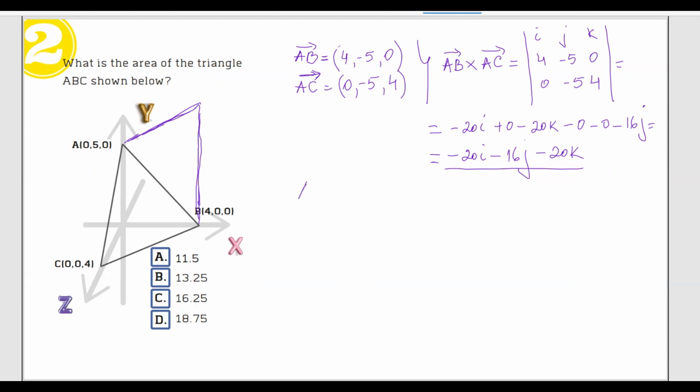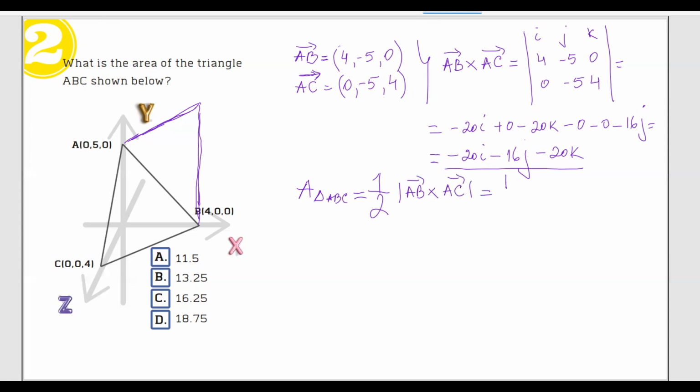So the area of the triangle ABC that we are asked for in the problem is going to be equal to half of the magnitude of the cross product of vector AB and AC.